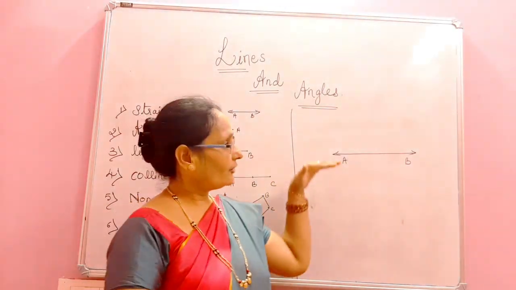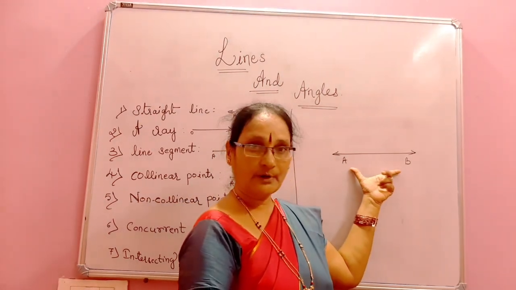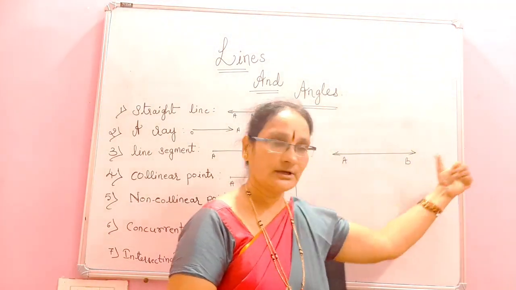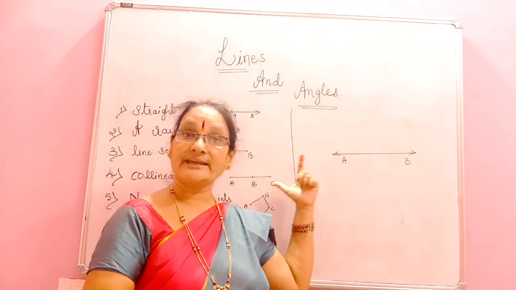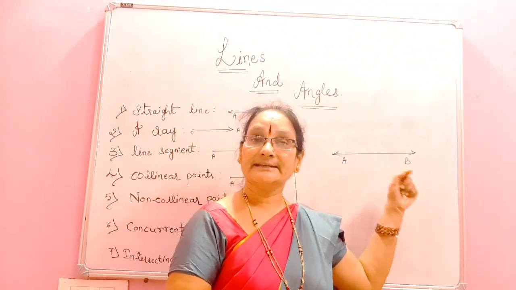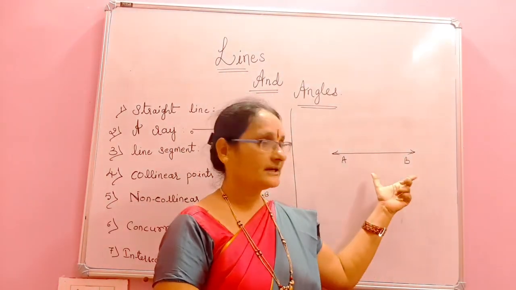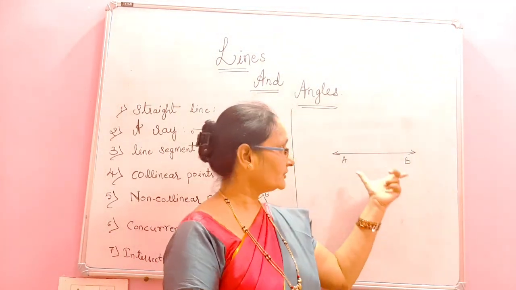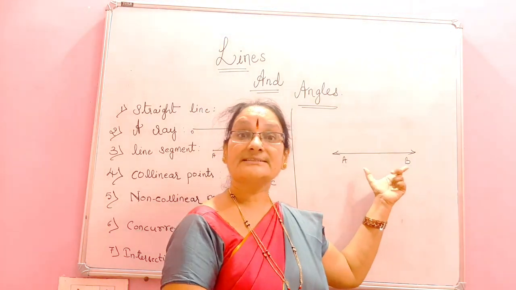That means according to this symbol, this can be extended in this direction also, and in this direction also we can extend this line, that is straight line. Straight line can be extended in both the directions. So this symbol is for straight line.